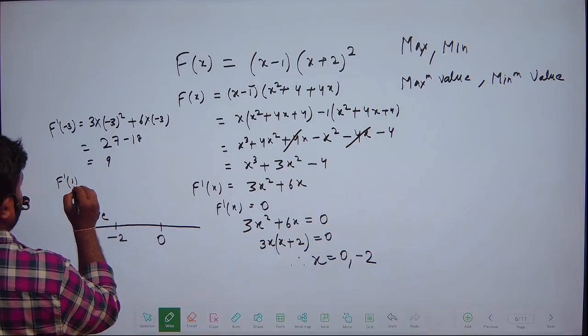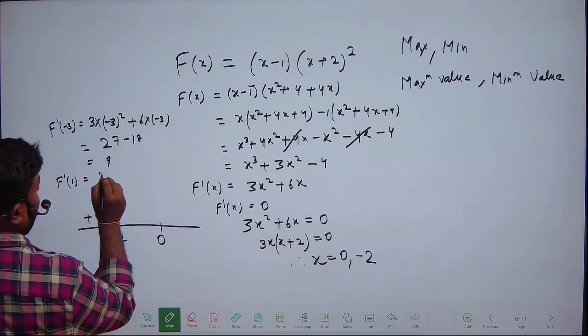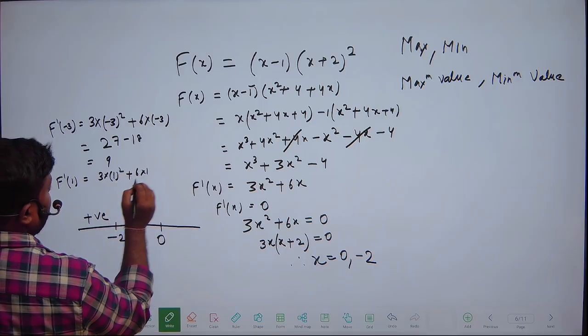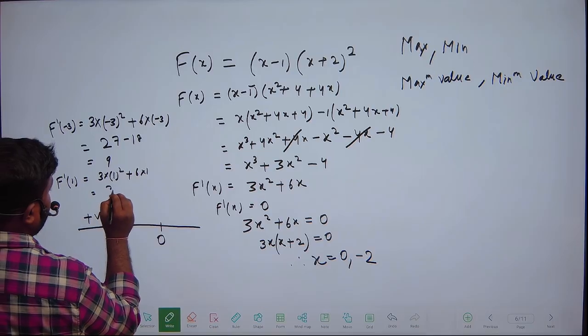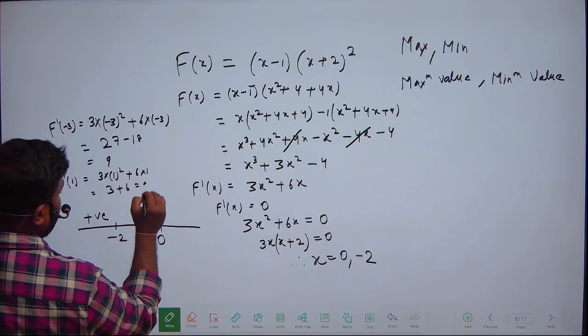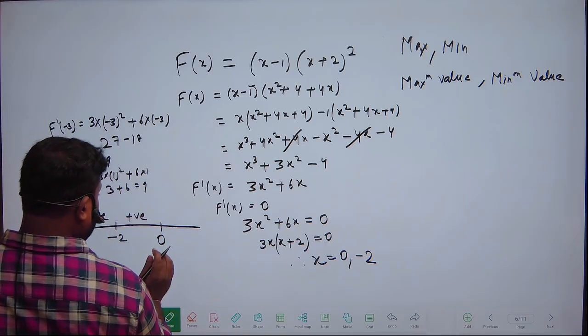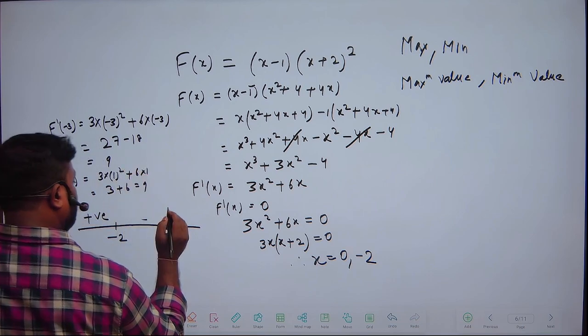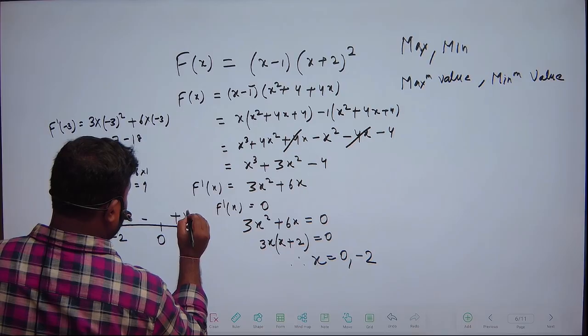Now, in between -2 and 0, I'm taking 1. No, wait, let's first take a value greater than 0, that is 1. f dash of 1 is equal to 3 times 1 squared plus 6 times 1, that is 3 plus 6, that is 9. It means f dash of 1 is positive here. Okay.